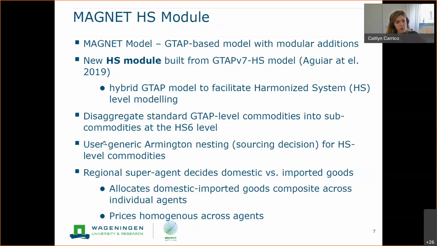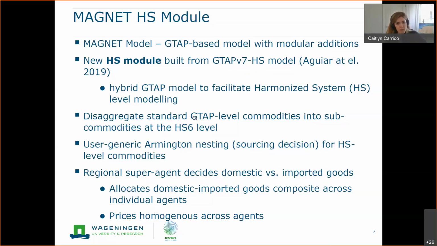So for this report, what we did is we developed a new MAGNET HS module. This HS module is based on the GTAP version 7 HS model. This special version of the GTAP model is a hybrid GTAP modeling system, which can be used to really look at trade at the harmonized system level, so looking at those HS line trade flows and also tariffs.